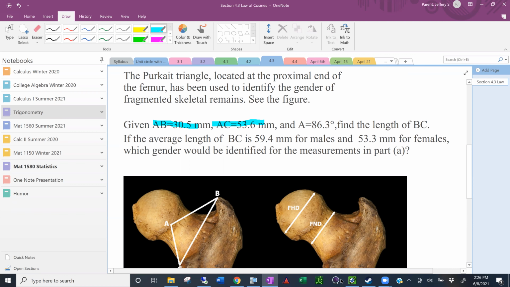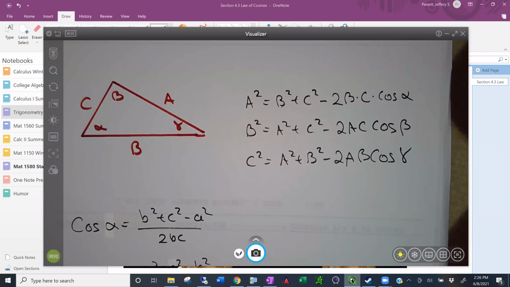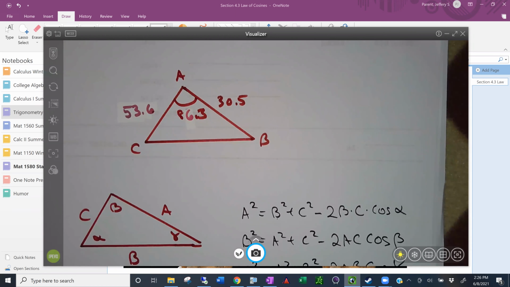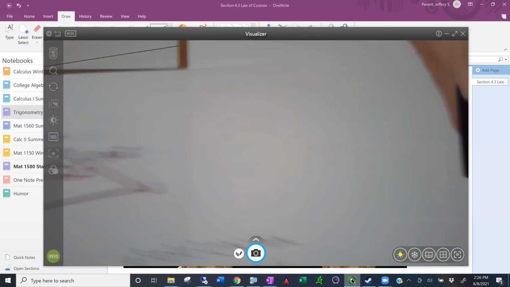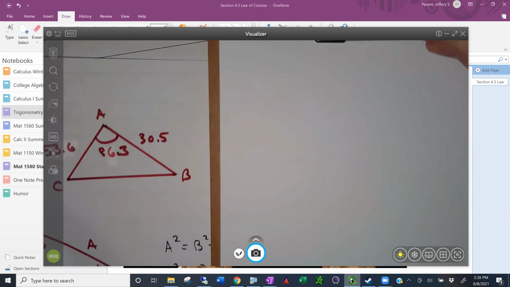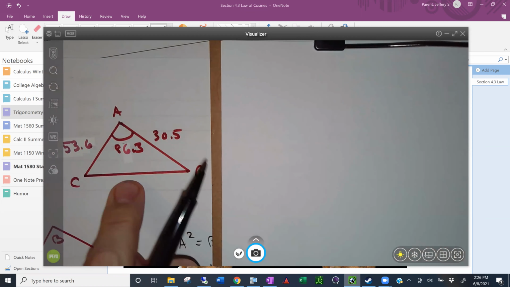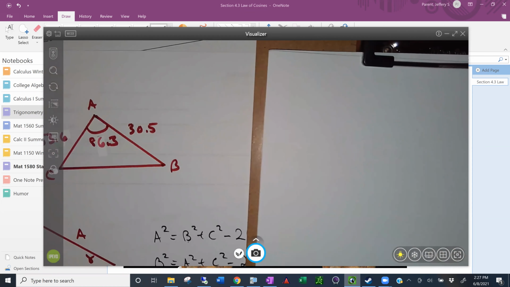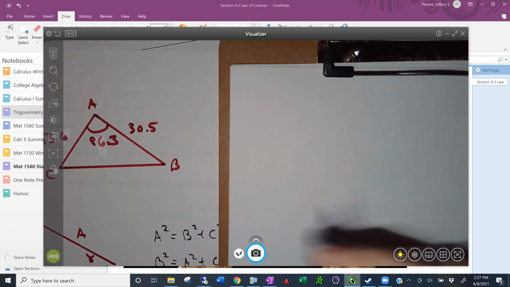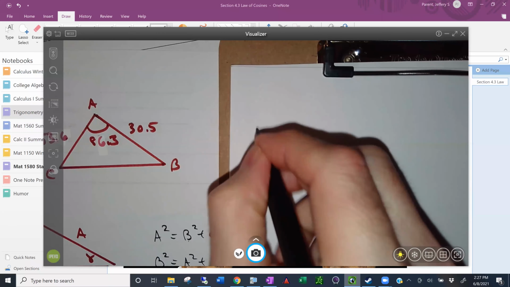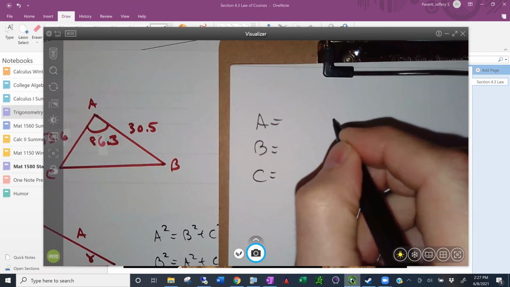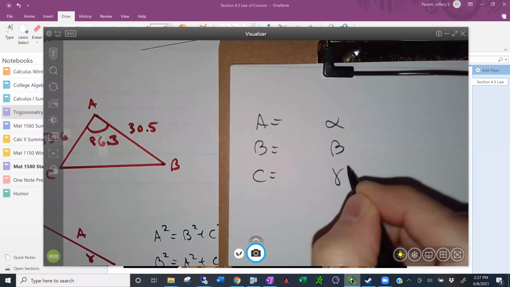So those numbers are written down for me over here, and let's turn that into something that we can relate to a little bit more. Let's just give it some A's, B's, and C's. We want to figure out the length of this side. Now, there's a problem if we try to do it directly with what we're accustomed to. So let's use A, B, and C, and alpha, beta, and gamma.